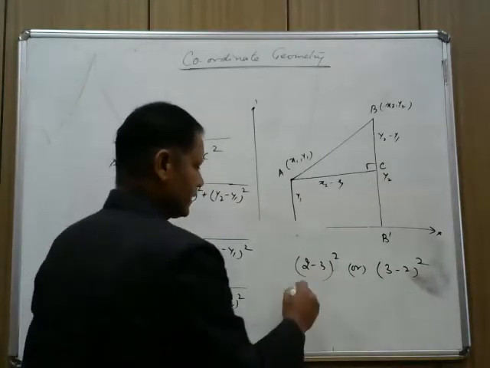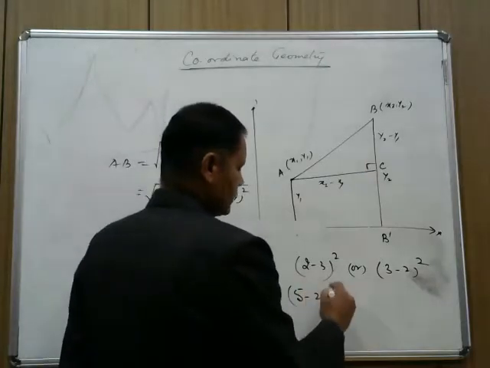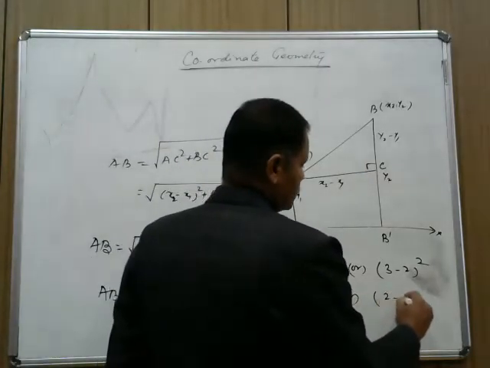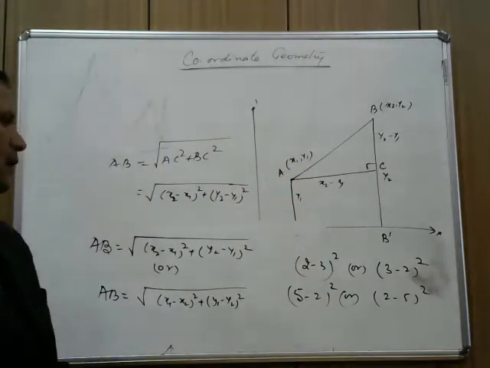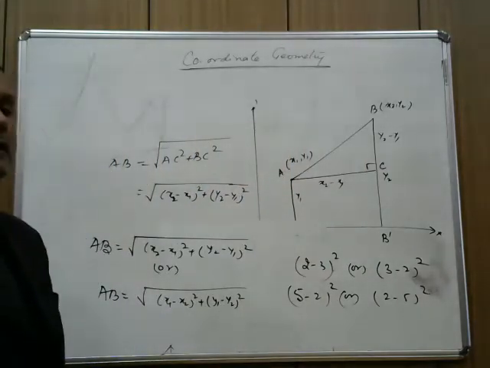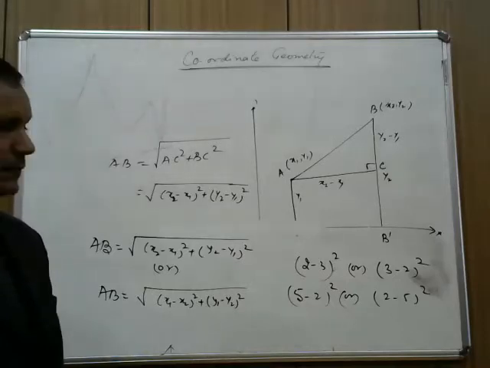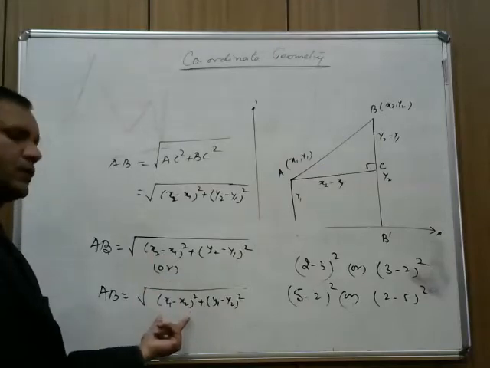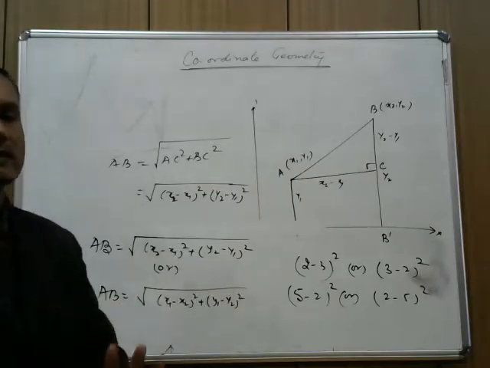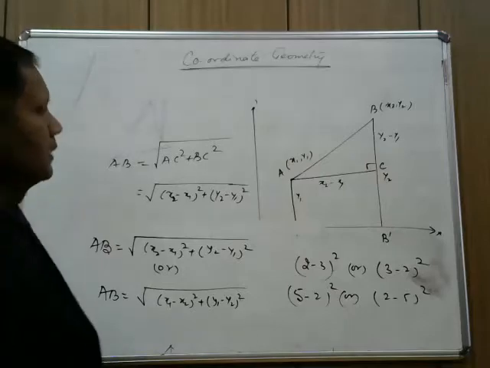Not only this, if I write 5 minus 2 whole square or 2 minus 5 whole square, that will also be the same. This is the concept. Using that, x2 minus x1 whole square or x1 minus x2 whole square doesn't make any difference. That's why you remember.